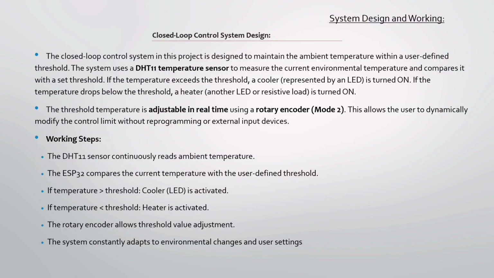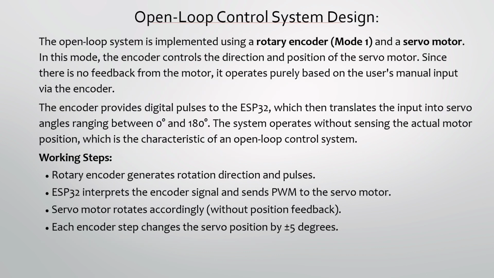Now, the block diagram here represents how the closed loop system works. Feedback from the sensor enables automatic response. Now, in the open loop system case, the same rotary encoder is used to control a servo motor.